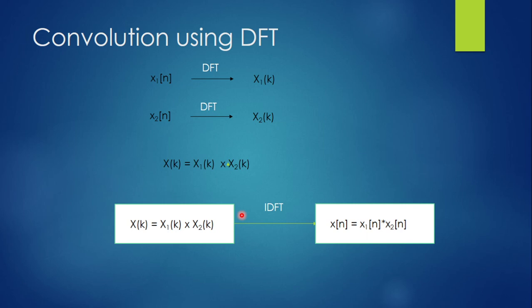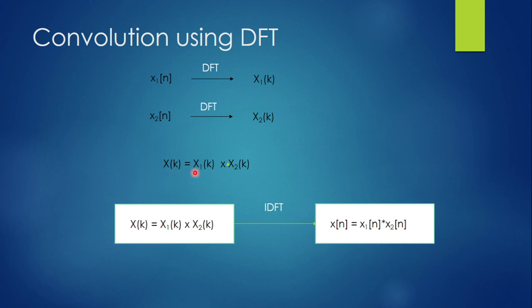One very useful property of the DFT is to find the convolution using the DFT. How is it found? You have x1n, a signal, its DFT is x1k. Similarly, another signal x2n, its DFT is x2k. You multiply these values of their DFTs to get xk.